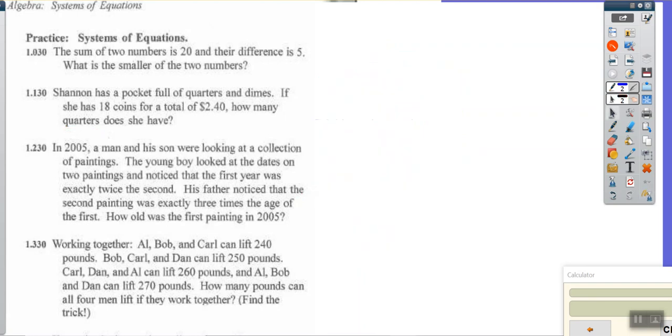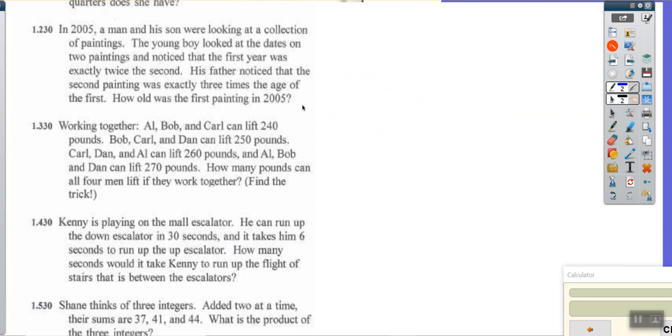Let me move this up a little bit. In 2005, a man and his son were looking at a collection of paintings. Sounds like fun. The young boy looked at the dates on the two paintings and noticed the first year was exactly twice the second. So I know that let's have year A and year B again, right? So A is equal to 2B.